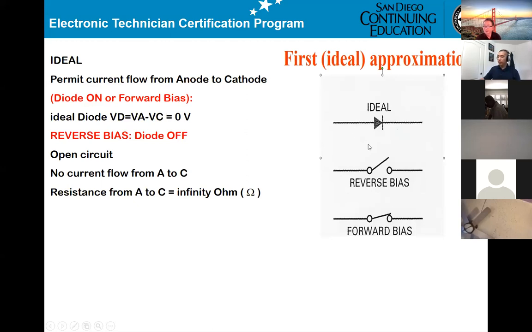If we are talking about the ideal diode, this is a very important thing here. For an ideal diode, VD will be 0 volt. If it is on, forward bias, that means VD equals 0.7 volt or 0.3 volt, depending on silicon diode or germanium diode.